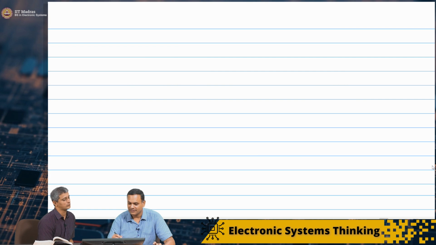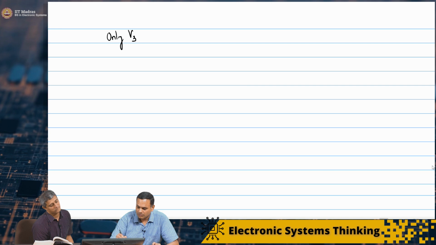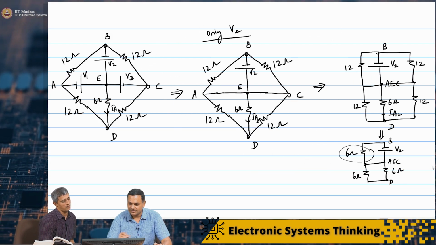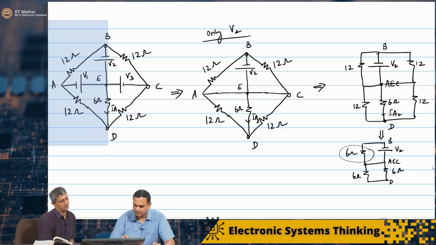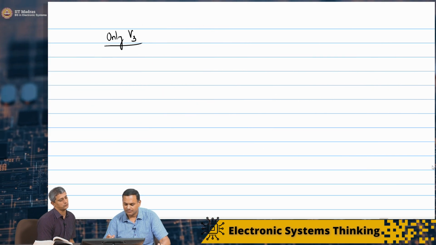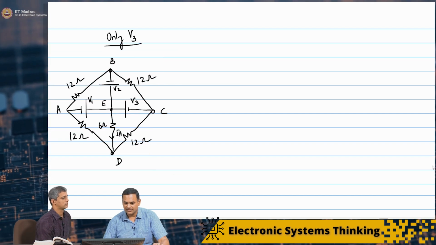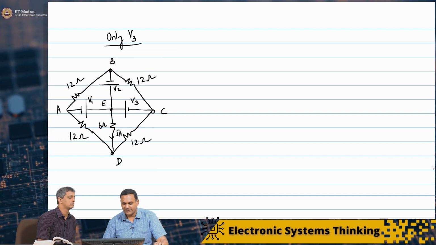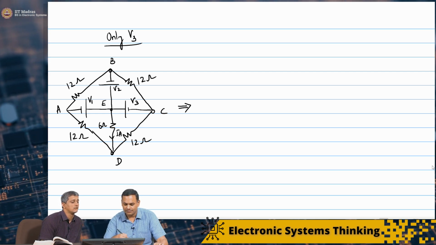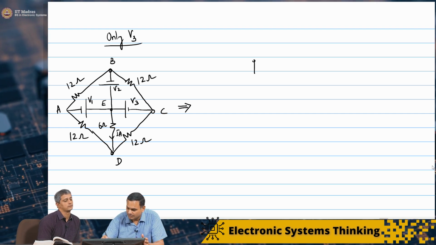Only V3. I'll copy over the original, this is my original circuit. I am going to redraw it such that I only have V3 there.